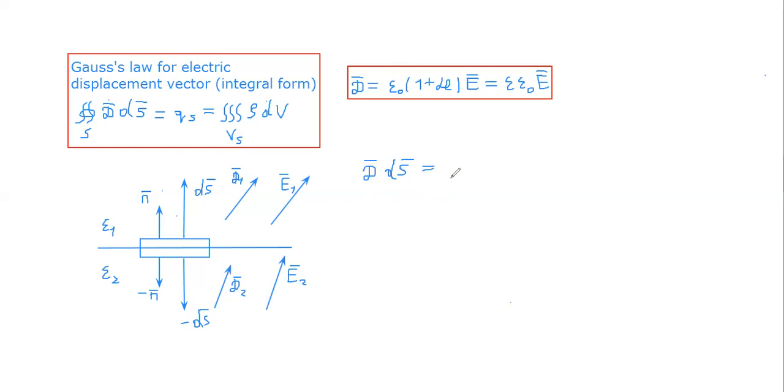And according to this, we have D1 dS minus D2 dS.